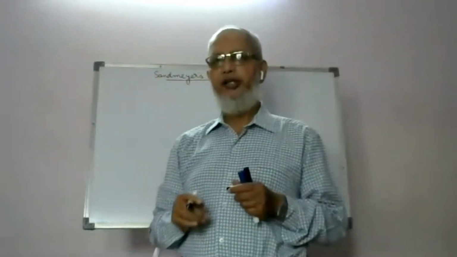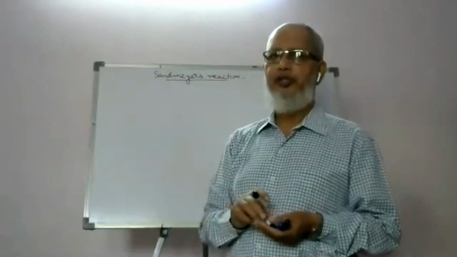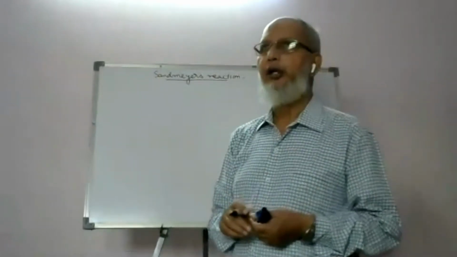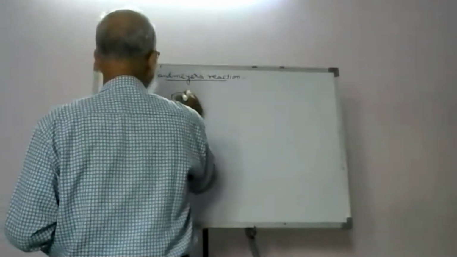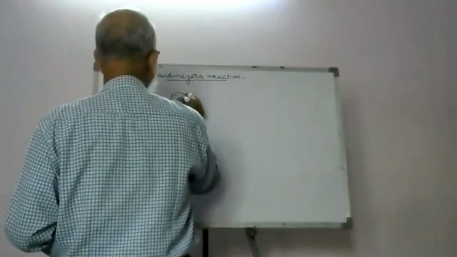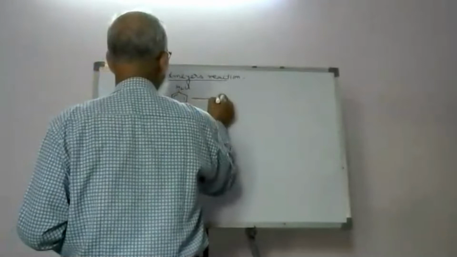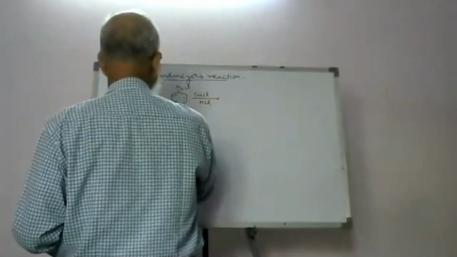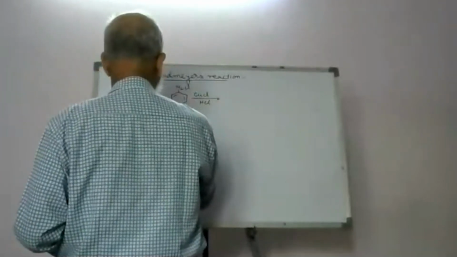In Sandmeyer's reaction, we use benzene diazonium chloride for the preparation of chlorobenzene or bromobenzene. In this reaction, benzene diazonium chloride, C6H5N2Cl, is reacted with cuprous chloride and HCl.